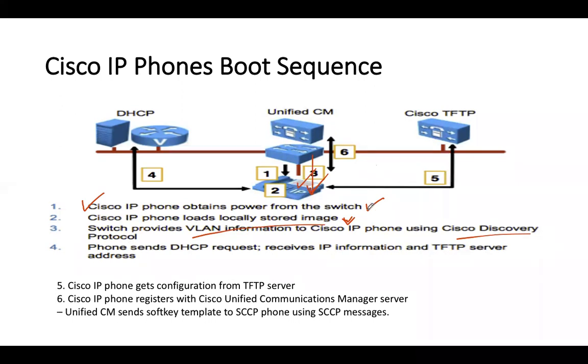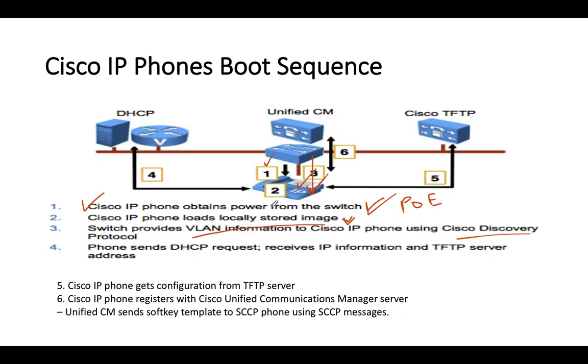As I said, the first thing, as soon as you connect the phone to the network, is that the phone tries to get power. And from where will it get the power? PoE, power over Ethernet, meaning the switch will provide the power to the phone. That's the first step.